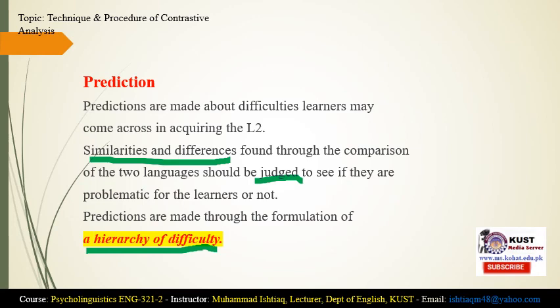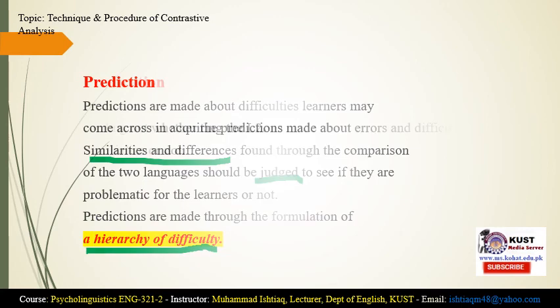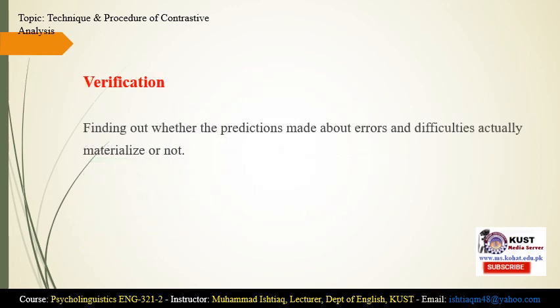So predictions are made on the basis of hierarchy of difficulty, and finally when the predictions are made, what will be done? The last step is actually verification of the prediction. By verification, we mean finding out whether the predictions made about errors and difficulties actually materialize or not.